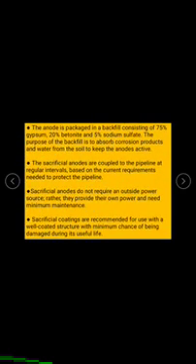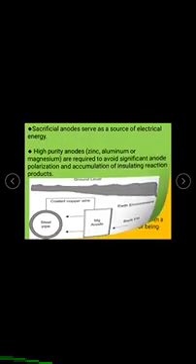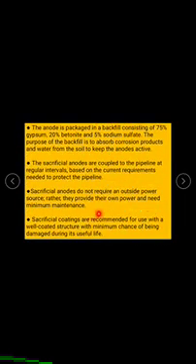The anode is packaged in a backfill consisting of 75% gypsum, 20% bentonite and 5% sodium sulfate. The purpose of the backfill is to absorb the corrosion products and water from the soil to keep the anodes active.